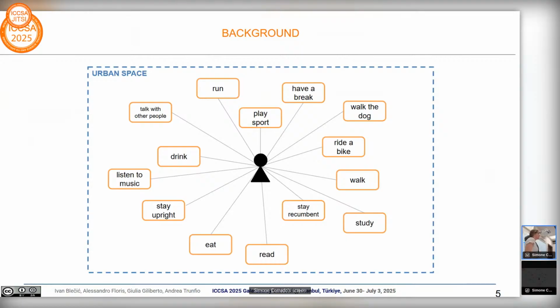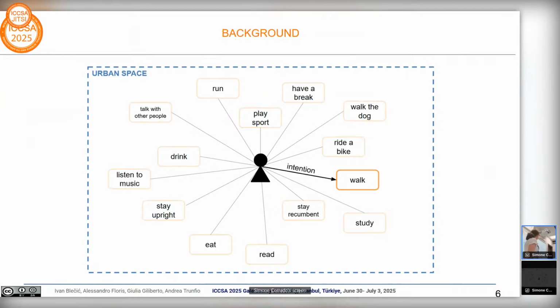To understand how urban spaces are used means to understand how people act in the space, how people perform different behaviors in different spaces. We know that people are engaged in activities that are characterized by interaction with objects, with other people, and also with the environment. And they act with an intention to achieve some goals and certain functionings.